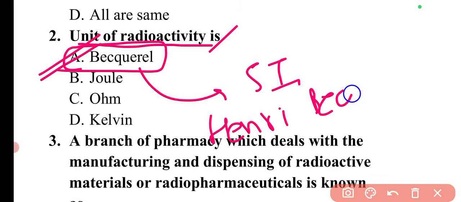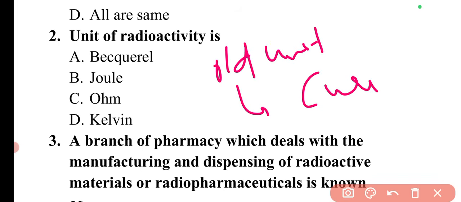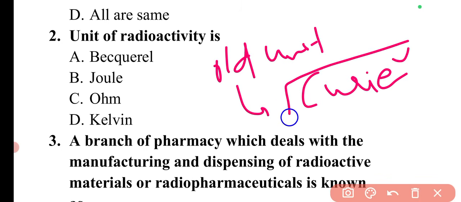Then there is also one old unit of radioactivity, which is Curie. Curie is also a unit of radioactivity that you can remember. Like if multiple options are there, Becquerel is there, Curie is also there, then you can choose both the options because both are units of radioactivity.